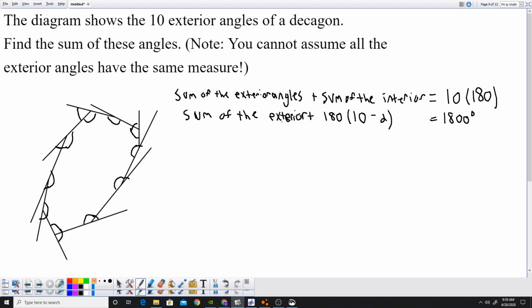So with a little bit of math, we have that the exterior plus, now this can just be summed up like we have 180 times 10, that gets us 1800 degrees, minus 2 times 180 is 360, and that equals 1800 degrees.